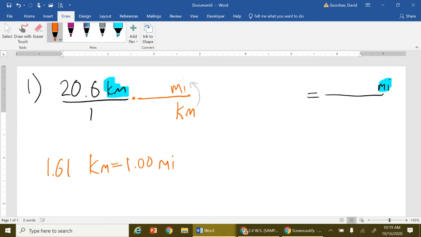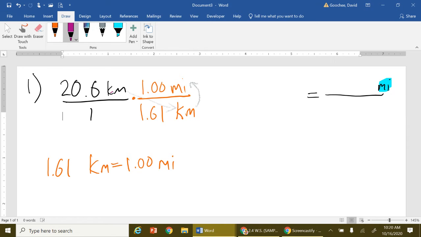So again, if we want to cancel out a unit, we have to put that unit on the opposite side of the next fraction to get rid of it. Then we have to convert that unit into something new, something whose relationship we know. And we just happen to know because I told you that it's 1.61 kilometers for every 1 mile.